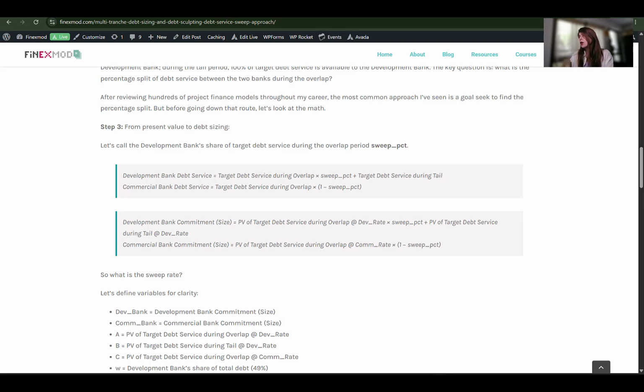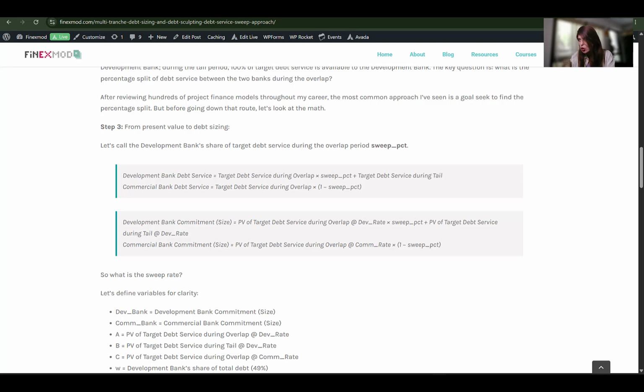So the development bank maximum commitment will be equal to the present value of its share of the overlap debt service, of course discounted at its own rate, or 5% in this case, plus the present value of the entire tail, again discounted at its interest rate, which is 5%.